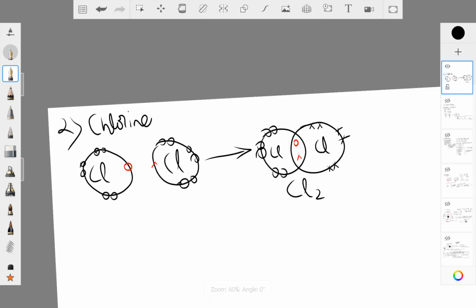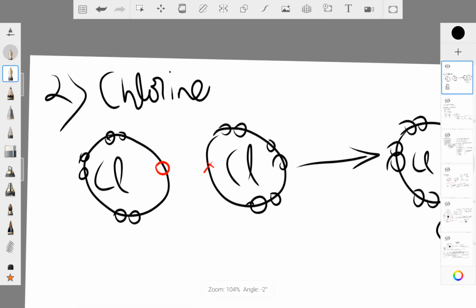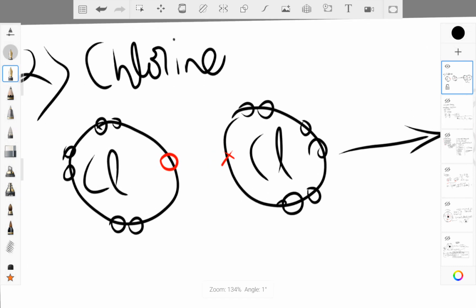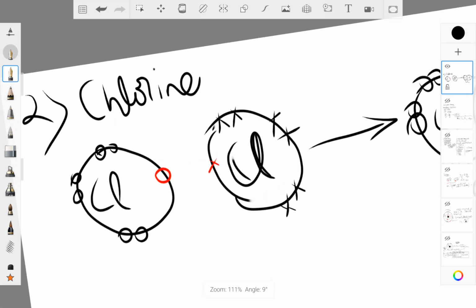So as mentioned, let's take a look at chlorine. Now chlorine has 7 valence electrons, as you can see here. Right, I made a bit of a mistake before, but it's fine.